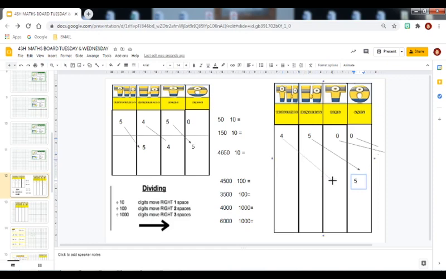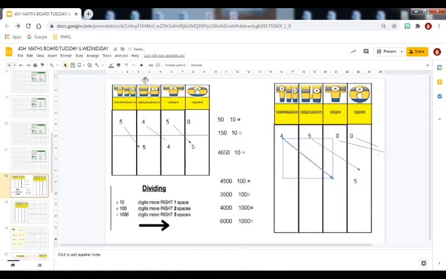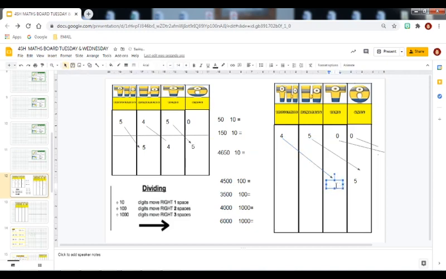So the 4 in the 1,000, I've moved it 2 places to the right, and it now is in my tens column. So my 4,000 now becomes 4 tens, and I have divided 4,500 by 100, and it is 45. So that's an example for you there.